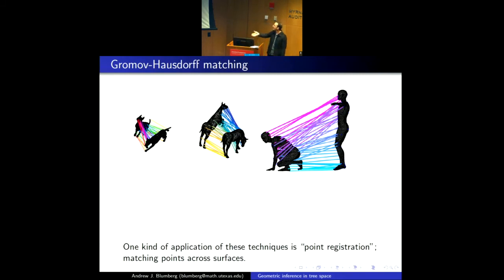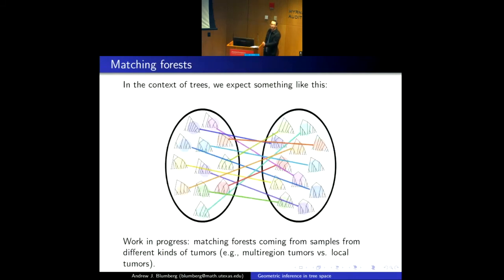And so the head more or less goes to the head in terms of this correspondence. In image processing, this is used in the hope that if you maintain the local distance relationships, you maintain some kind of functional relationship in the surface in question. And you can do the same thing in trees. There's work in progress to use this to match up forests of trees, in particular using the data coming from spatially heterogeneous tumors versus local tumors.